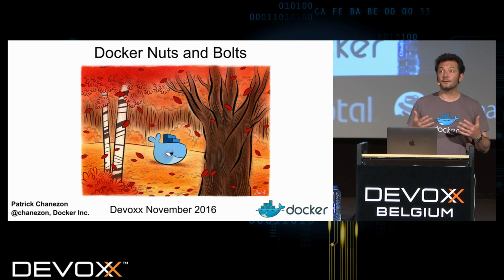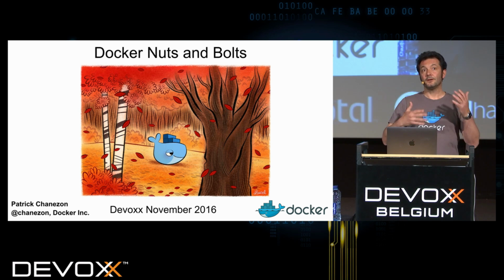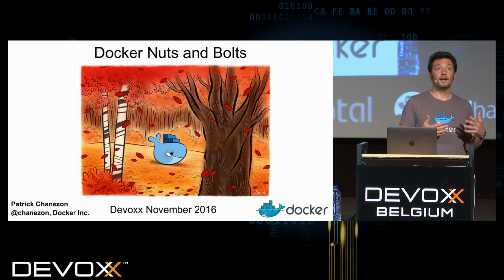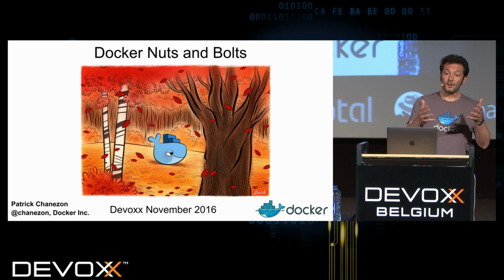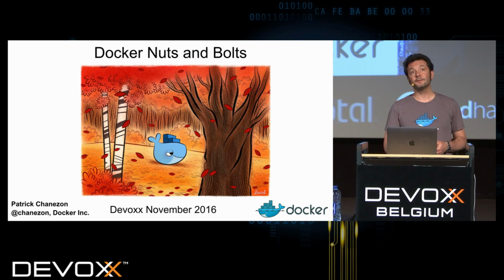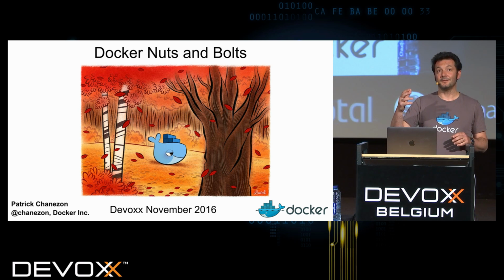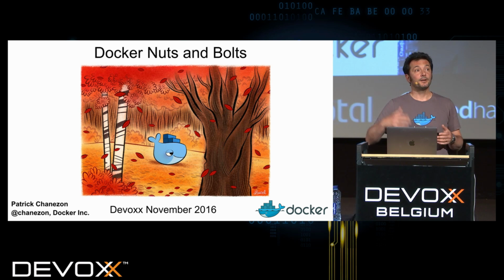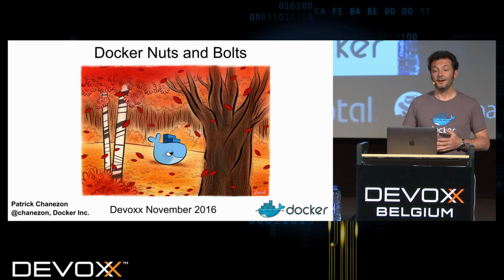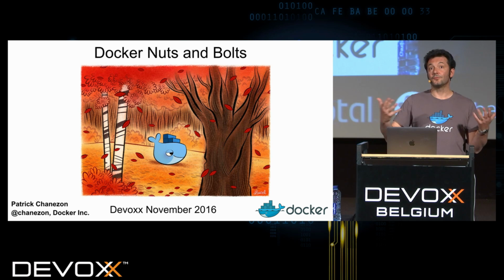If you've been using Docker already, there will be a lot of introductory material, but I'll also show some more advanced stuff, including swarm mode, how to use Docker for development on a Mac for Java applications, a specific prototype that the team built recently that is not out yet, of integration between Docker for Mac and Docker for AWS. I'll show you Docker for AWS, and we'll see how to build, ship, and run distributed applications.